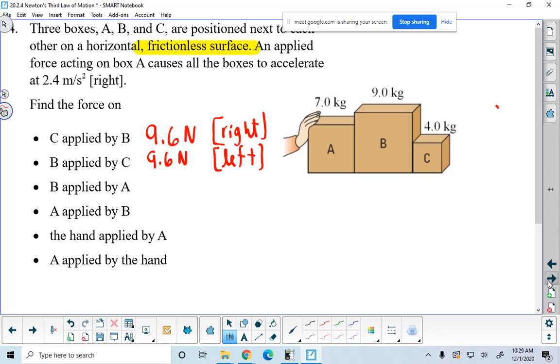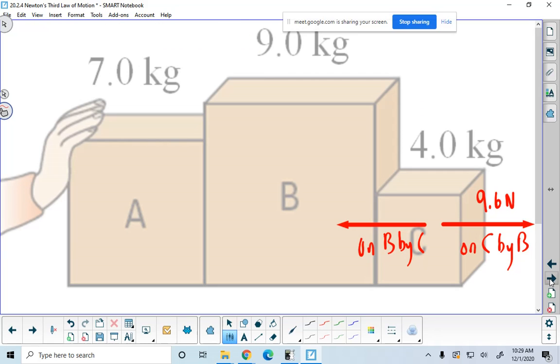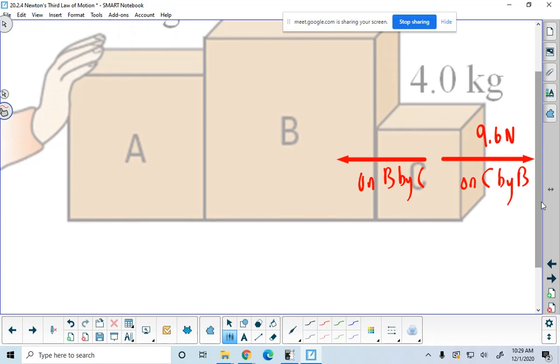Now what we're going to do is look at the forces acting on B. If I look at my diagram, is there a force acting on B? Now look up here, please. Look at the screen.